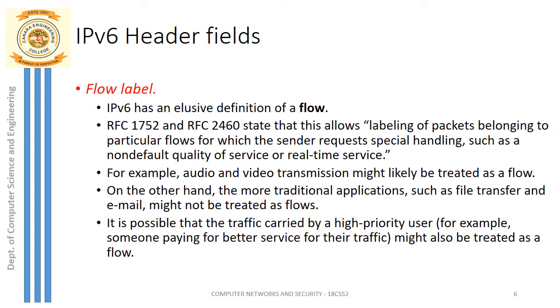For example, if you consider audio and video, we need to treat each flow differently. On the other hand, if you consider traditional applications such as file transfer and email, these might not be treated as flows. It is possible that the traffic carried by high priority users, for example those who pay for better services, might also be treated as a flow.